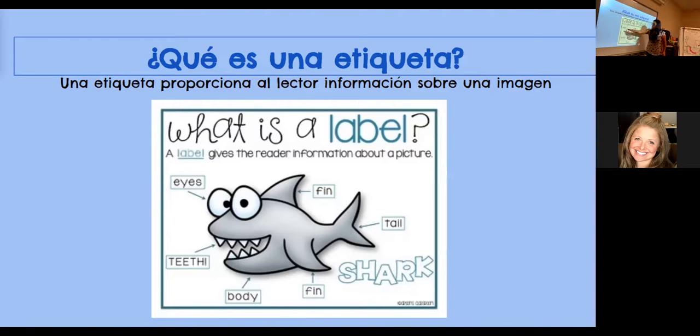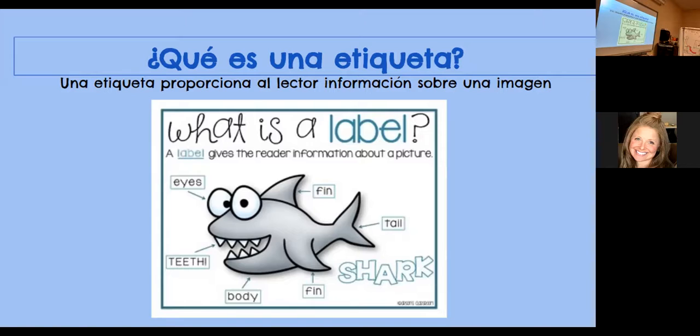So all the ones that have an arrow and words by them, those are labels, and that is information the writer, when he draws his illustration, his pictures, wants you to know about the picture that you're seeing.